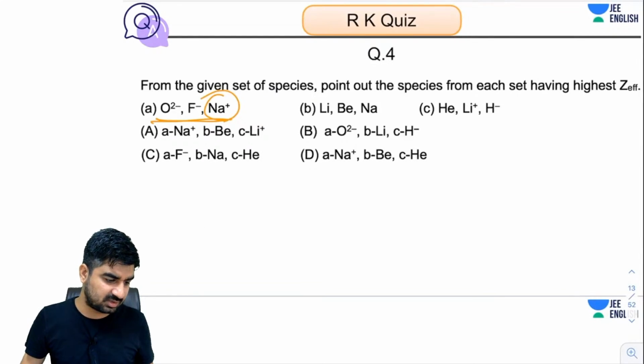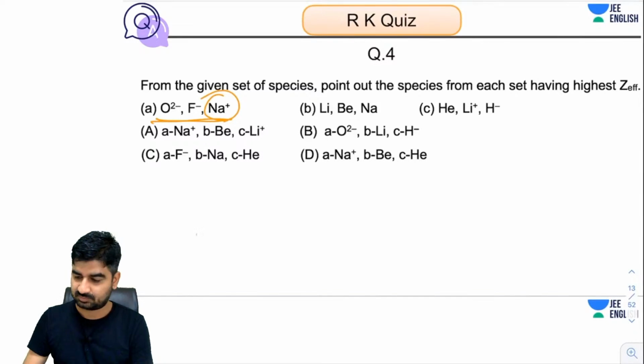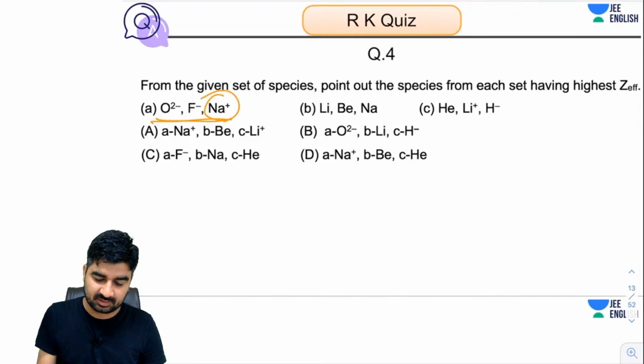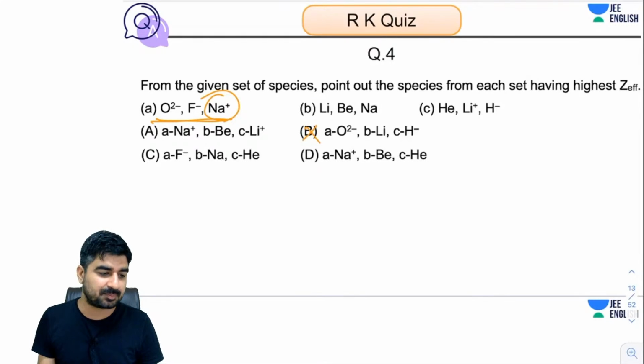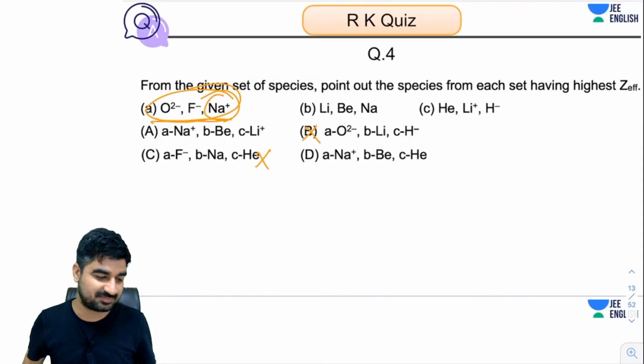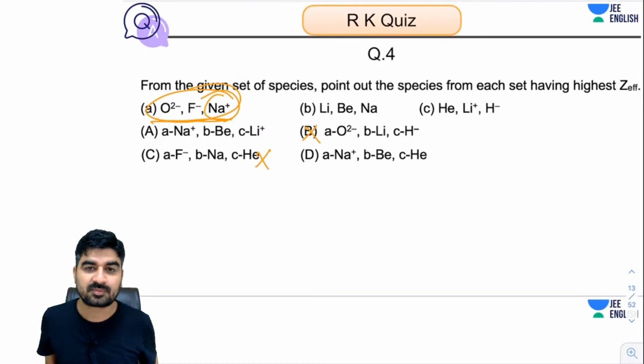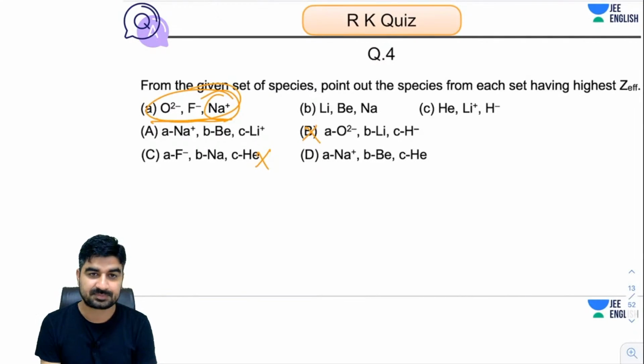So Sanjit says C, Pavan says B. Let's wait for others also. So B it can't be. Because in the first set if we check it would be Na. So two options are gone. The answer will be either A or D. Now tell me.